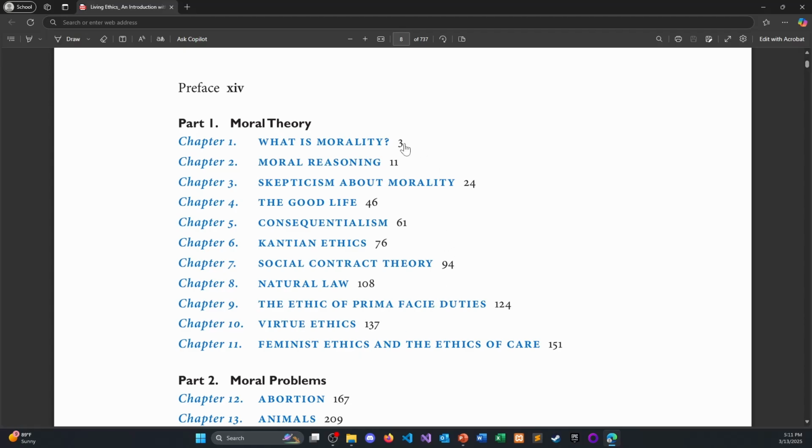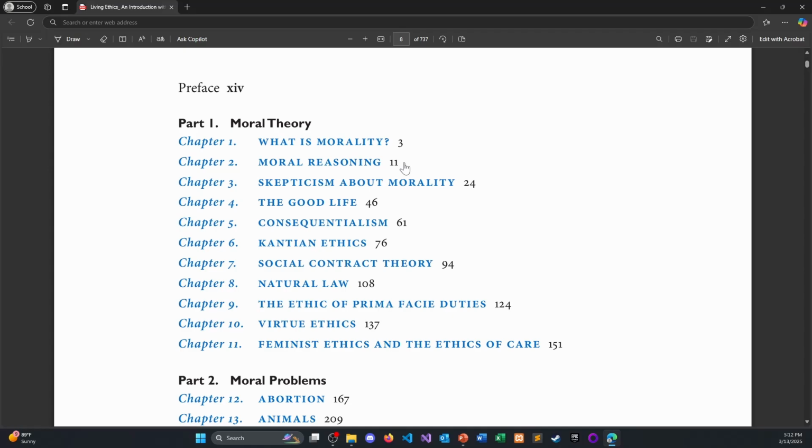Chapters 1 and 2 serve a somewhat different function. Chapter 1, what is morality? That's very much an introductory chapter. That chapter is going to cover the groundwork, the core concepts that will be used for all the rest of these other chapters. The second chapter, moral reasoning, is another introductory chapter, but that chapter is more methodological.